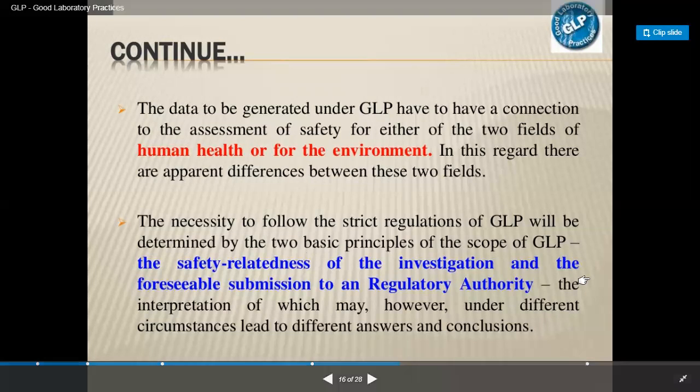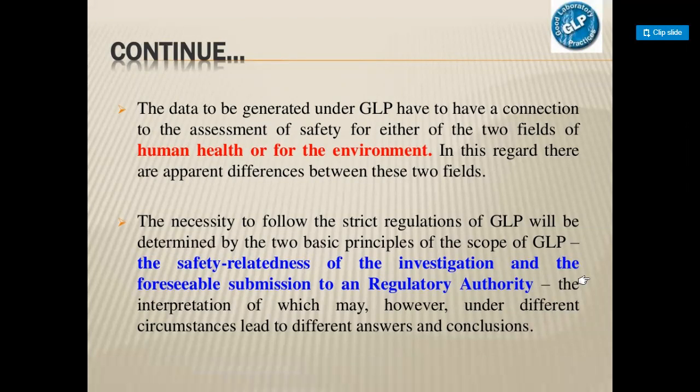The first one, the safety relatedness of the investigation, and the second, the forcible submission to the regulatory authority, the interpretation of which may, however, under different circumstances, lead to different answers and conclusions.